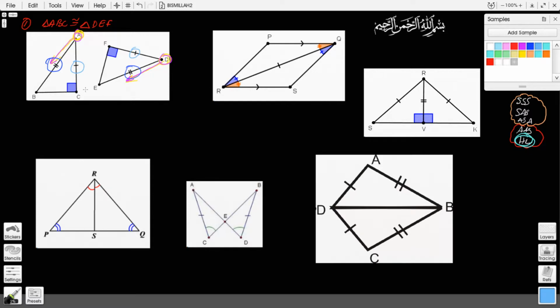So we can use hypotenuse leg to prove these two triangles congruent. We have hypotenuse that's congruent, and we have one of the legs congruent. That's what that HL stands for, hypotenuse leg.